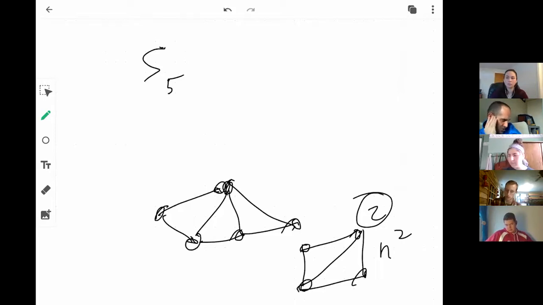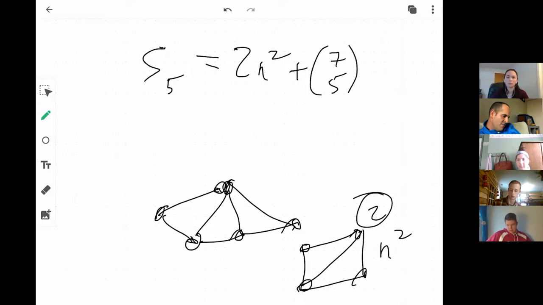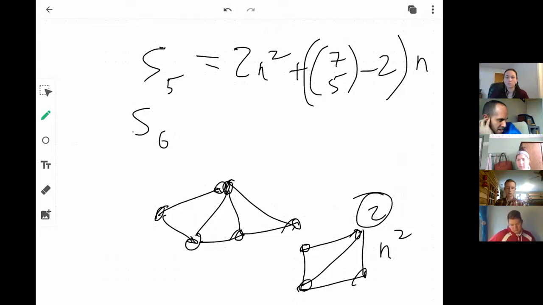And what does everything else contribute? n. Yeah. 2n squared plus 7 choose 5 minus 2 times n. And I think once we get to 6 edges, what do you think's true about that?